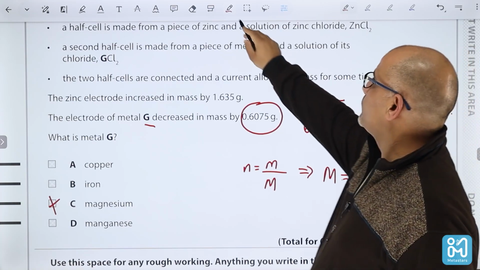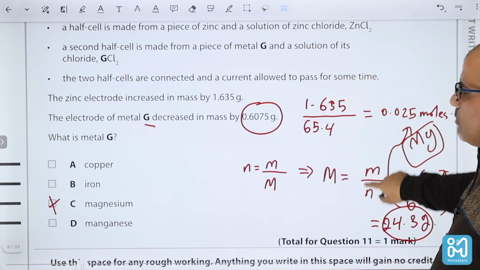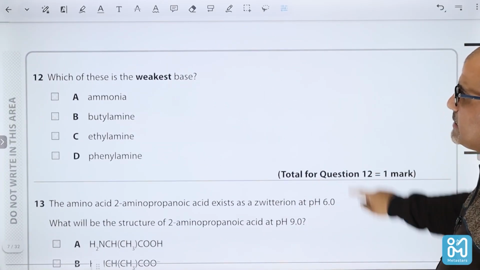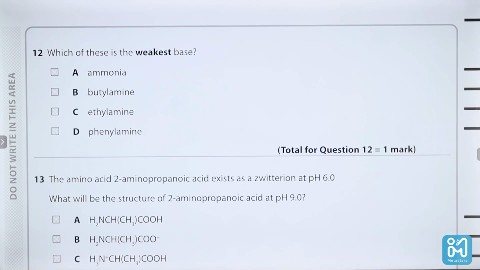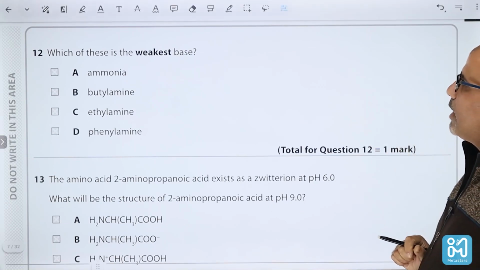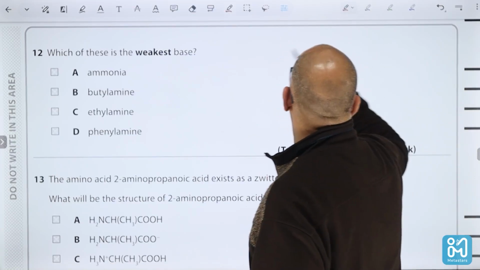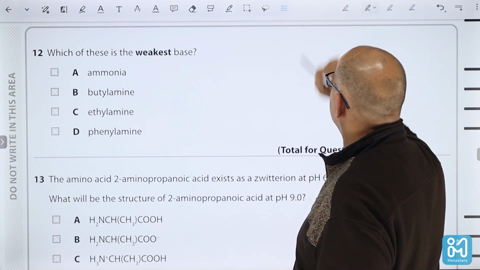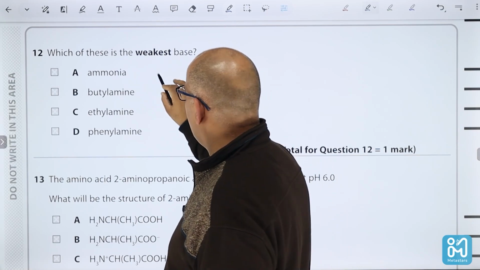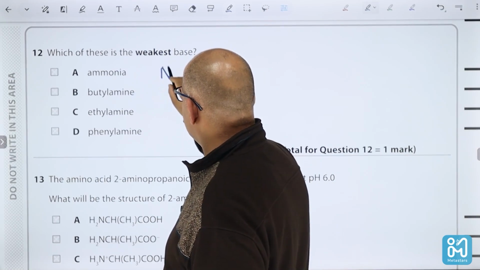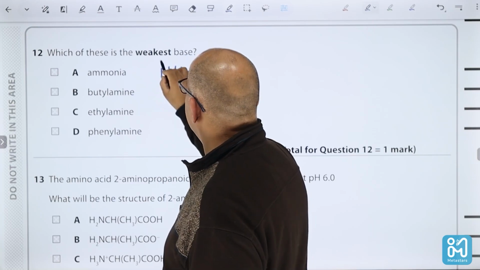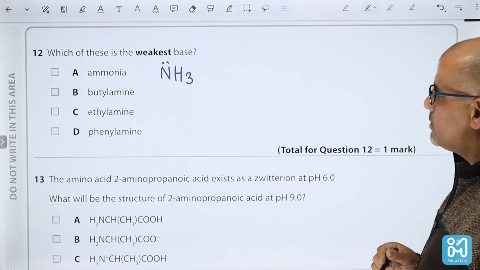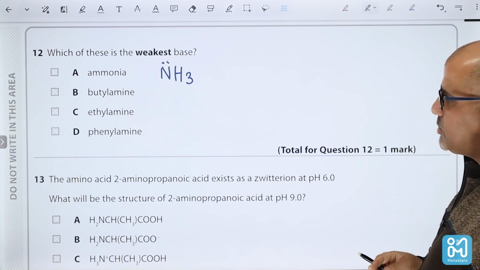Now, for the next one: which of these is the weakest base? Here you have an important thing. Let's talk about ammonia. Ammonia has this structure, and it has a lone pair, which is donated without any delocalization.